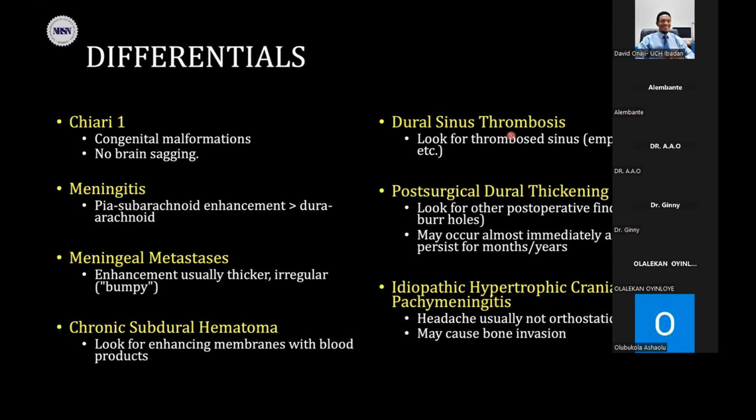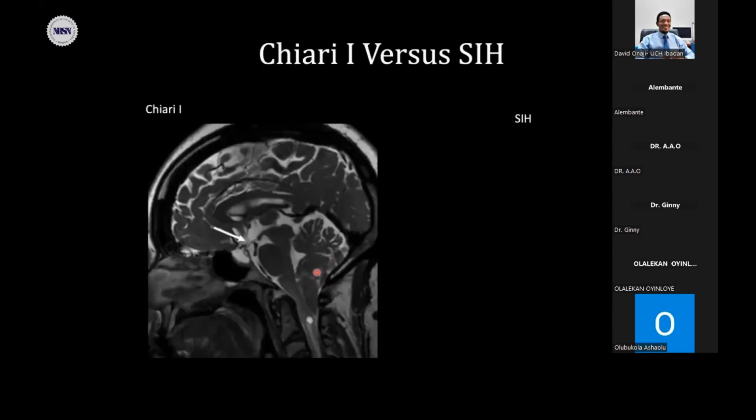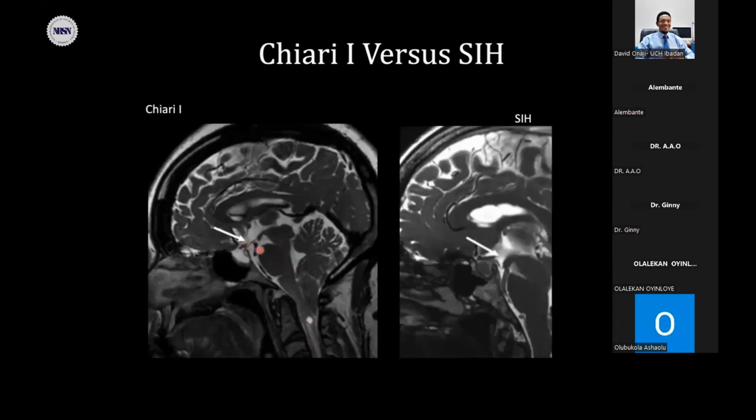Importantly, it's good to note that Chiari 1 has a peg-like tonsillar herniation. In addition, you may have abnormalities with the CSF within the cord, and so you may have syringohydromyelia. But note that there is no brain sagging, and the third ventricular floor is not downsloping, as you see in patients with SIH.